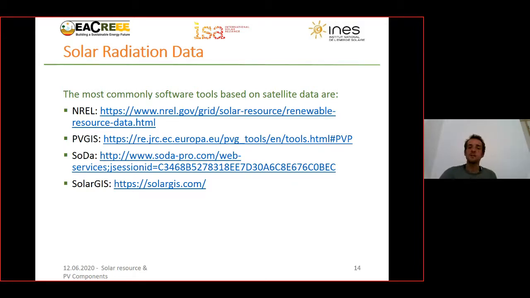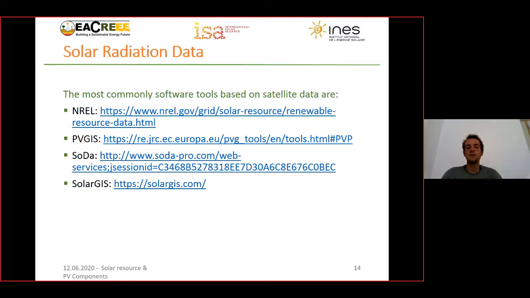And this database is covering mostly Europe and all the African continent as well. And then you have also two other nice databases, which are SODA and Solar GIS, which you need to pay for, receiving a database for about $200 to $300 for one specific site.